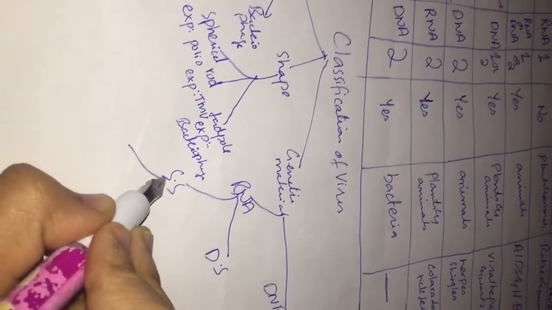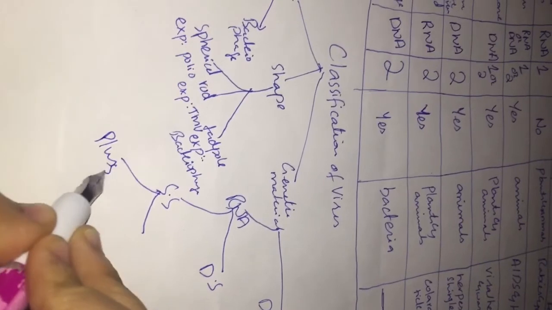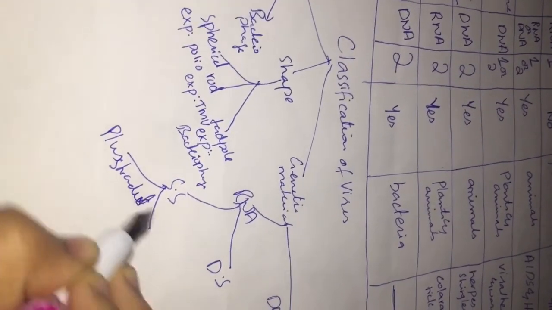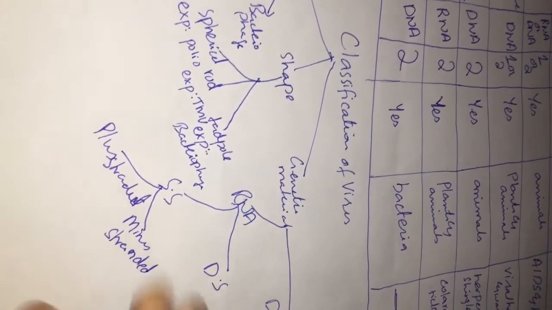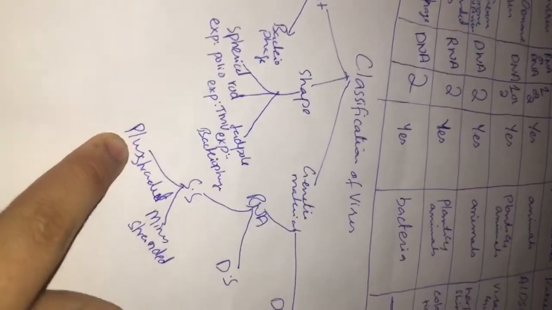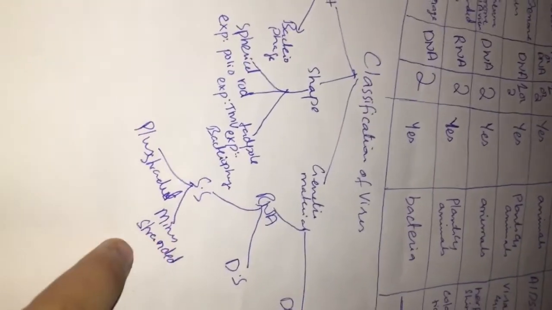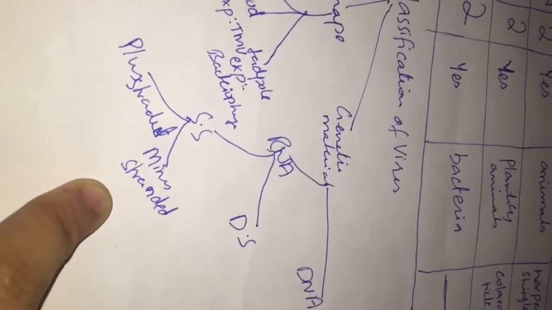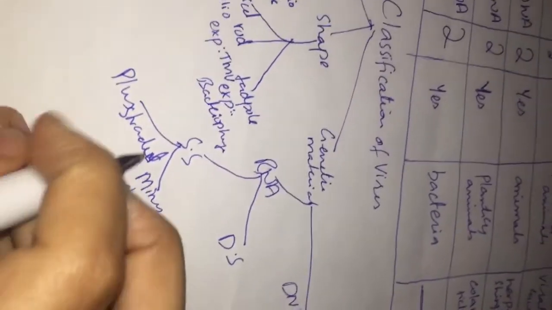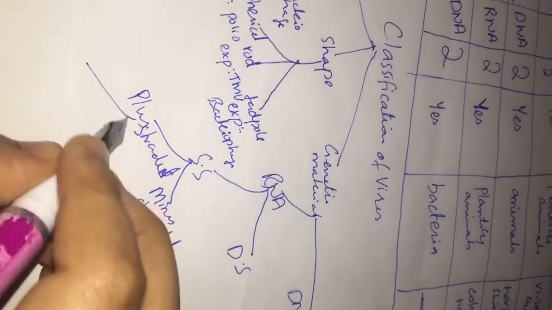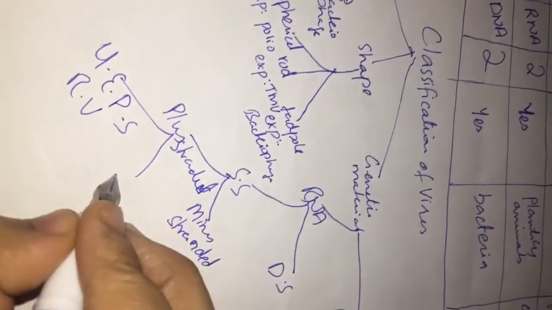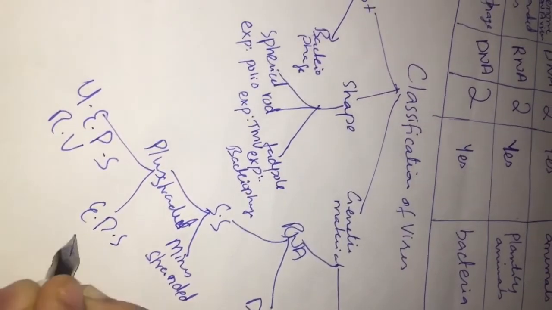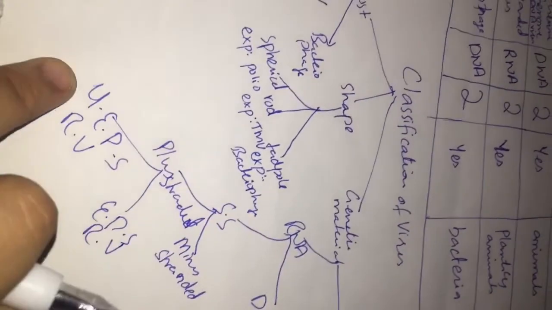Single-stranded RNA can be classified further into plus-strand RNA viruses, which have RNA that acts directly as mRNA, whereas minus-strand RNA viruses have RNA with a structure complementary to mRNA, whereas double-stranded RNA viruses are also there. Now, plus-strand RNA virus will further be classified into unenveloped plus-strand RNA virus and enveloped plus-strand RNA virus. In this, envelopes will be absent, whereas in this, envelopes will be present.